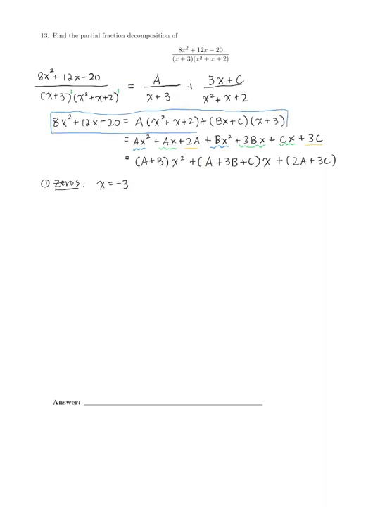Here's my equation. Okay, so when I plug in x equals negative 3, what we're going to get is 8 times negative 3 squared plus 12 times negative 3 minus 20 equals, alright, notice that bx plus c times x plus 3, that whole quantity is going to become 0, because when x is negative 3, negative 3 plus 3 will be 0. 0 times anything is 0.